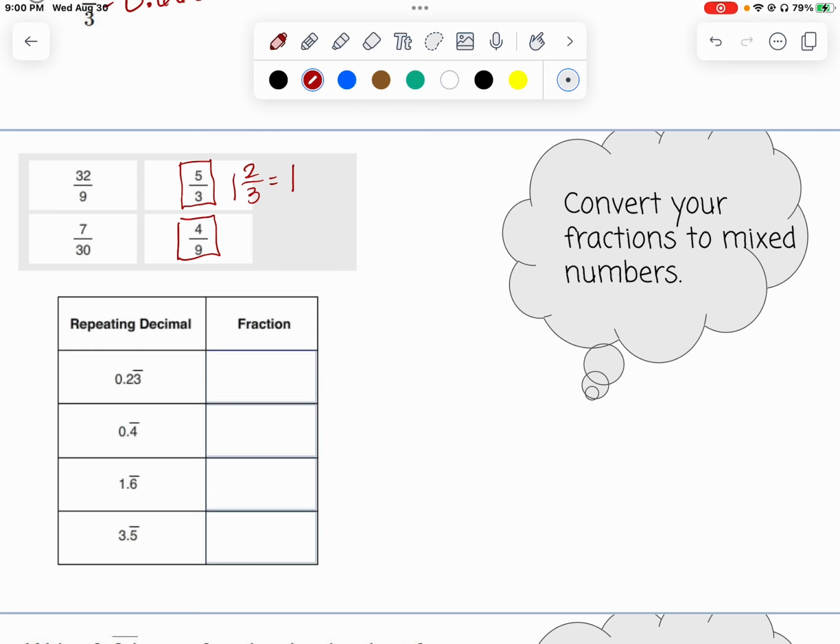And I do know that that is 1.666 repeating, which is right here. These ones were super easy once I figured out the pattern. That's this guy right here. But it's hoping that you remember that these symbols mean repeating.